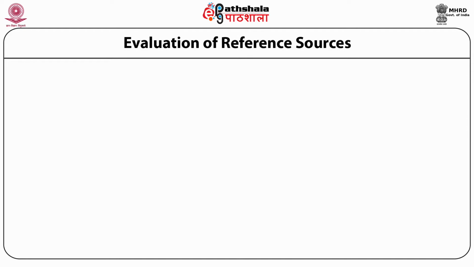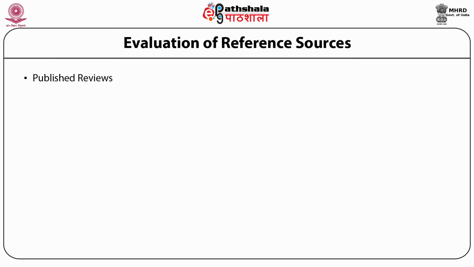Evaluation of reference sources. Selection and evaluation of reference sources for the library is one of the important tasks of a reference librarian. The librarian should read a published review of a reference book before purchasing it.